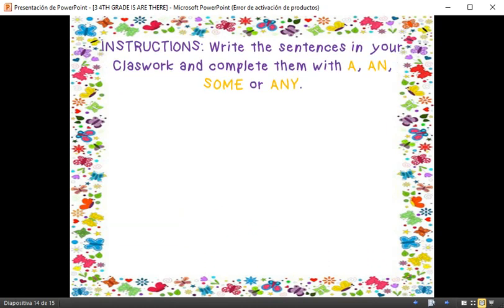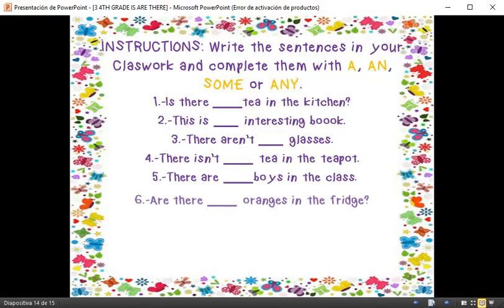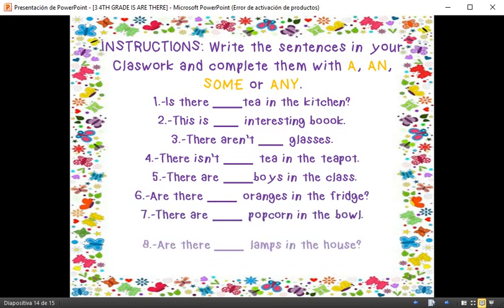Let's go with an activity. Instructions. Write the sentences in your classwork and complete them with a, an, some, or any. So over here you have all the sentences that you need to complete.